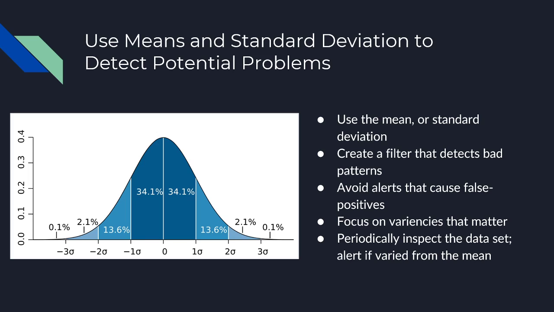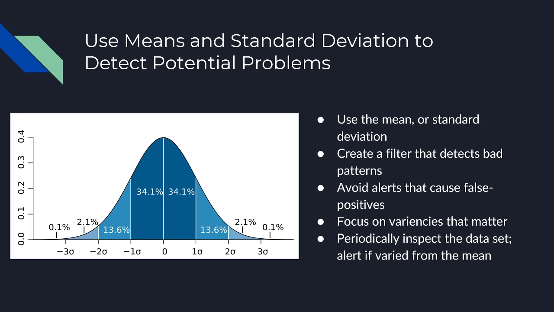Our collected data has a normal or bell curve distribution that matches the graph on the slide. The vertical line in the middle of the bell curve is the mean, and the first, second, and third standard deviations indicated by the other vertical lines contain 68%, 95%, and 99.7% of the data respectively.